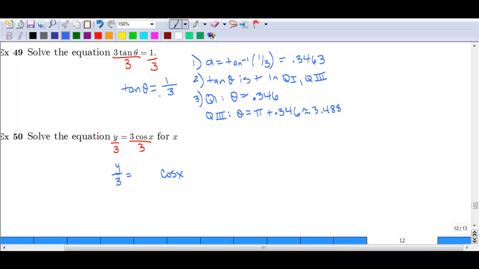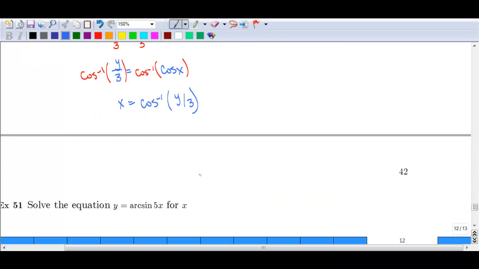And again, we said to get rid of cosine, we're going to use the arc cosine or cosine inverse. So we're going to do that to both sides. And we end up with x being, because again cosine inverse of cosine is just going to get us to x, cosine inverse of y over 3. So again, there's no numerical answer in this case. We just get things rearranged. We get the inverse function.